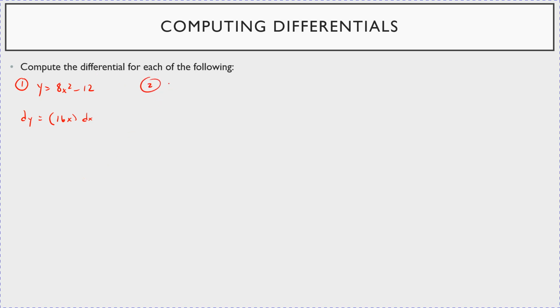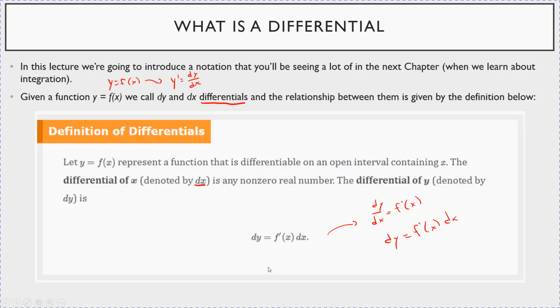Let's look at this one. y is equal to 2x minus sine squared of x. I'm going to rewrite this as 2x minus sine of x, squared. It'll help me. So dy is the differential of y.